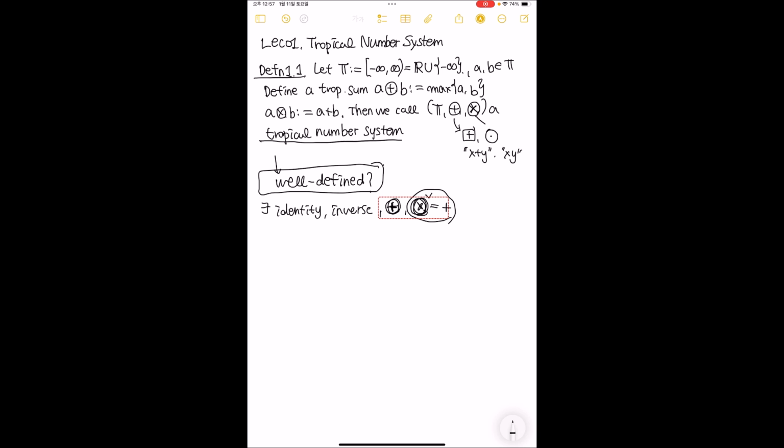Or other properties, such as the commutative law, associativity, and distribution law, and so on, to verify that the system works. Okay, check the identity.